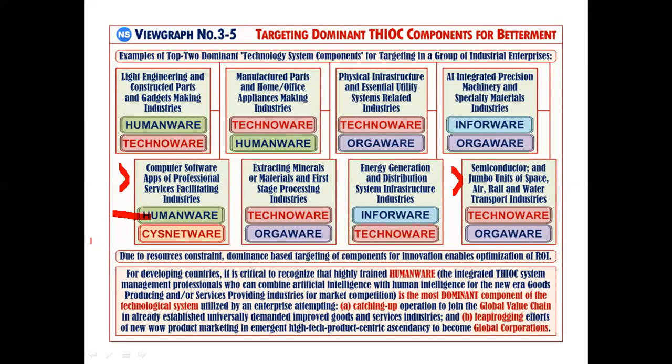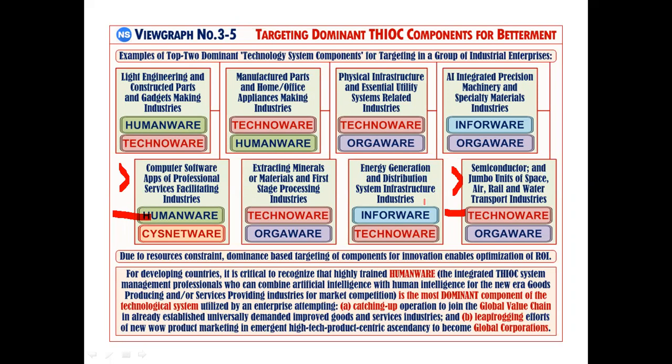Most of us have those technoware, but humanware is most critical. But if you go to the semiconductor industry, you will find that technoware is very critical, because you need self-correcting machinery, and also you need a very controlled environment in which you can produce those nanotechnology products.